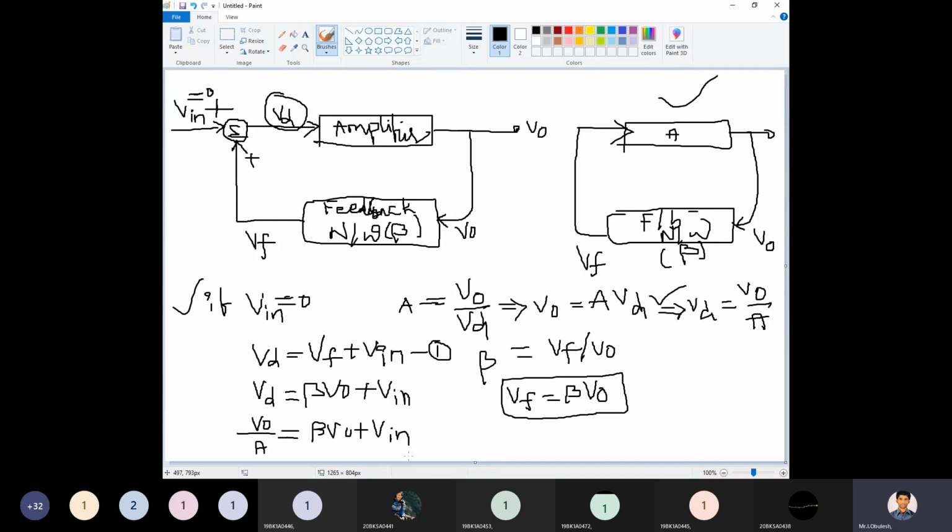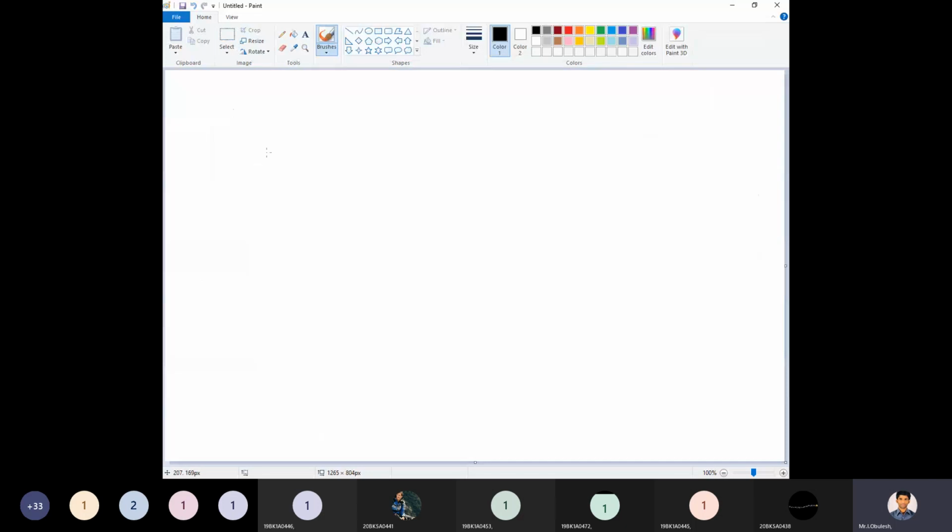So we need to get the value of V naught. You need to simplify that equation, V naught by A.